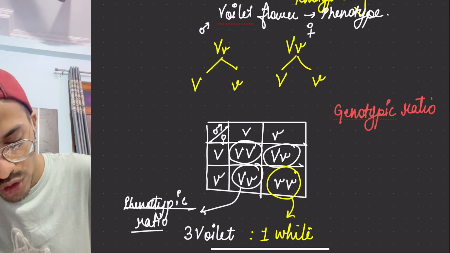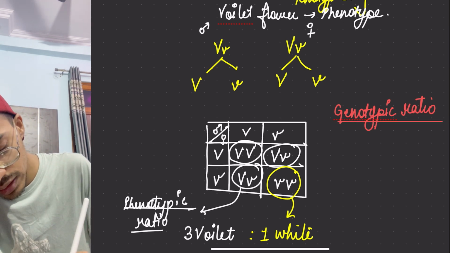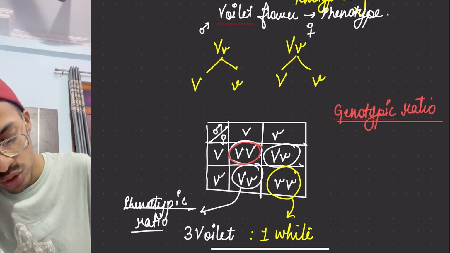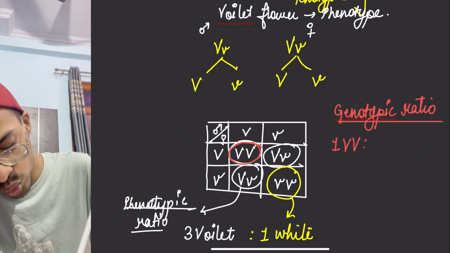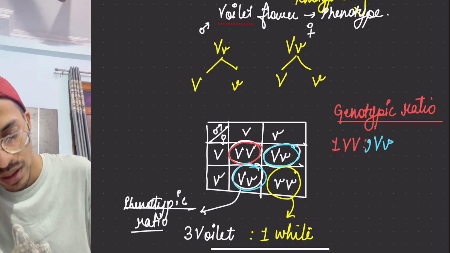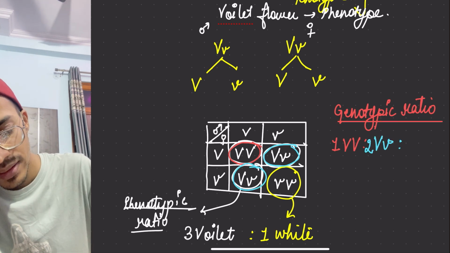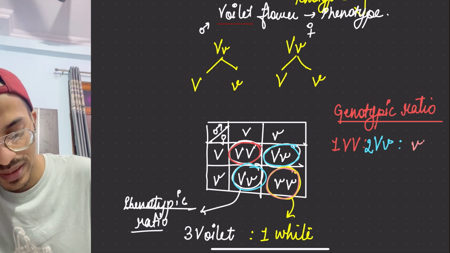In the genotypic ratio, we see that one looks like capital V capital V, no other looks similar to it. So that is 1. Then we have 2 with the genotype capital and small. So this will be 2. And we are left with only a single one, the small one with the recessive trait.